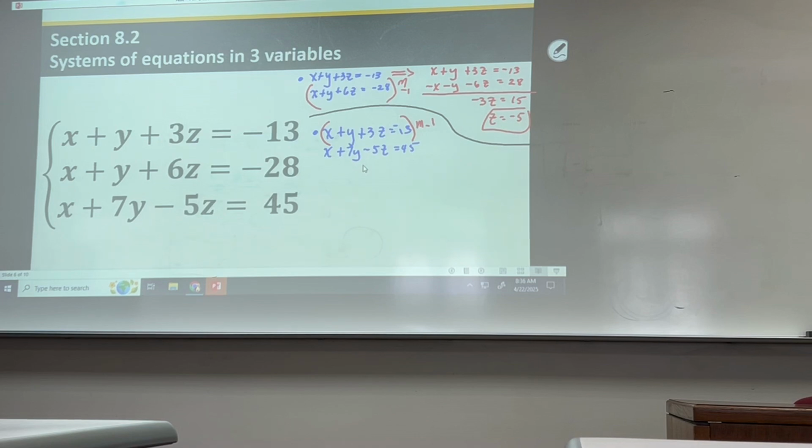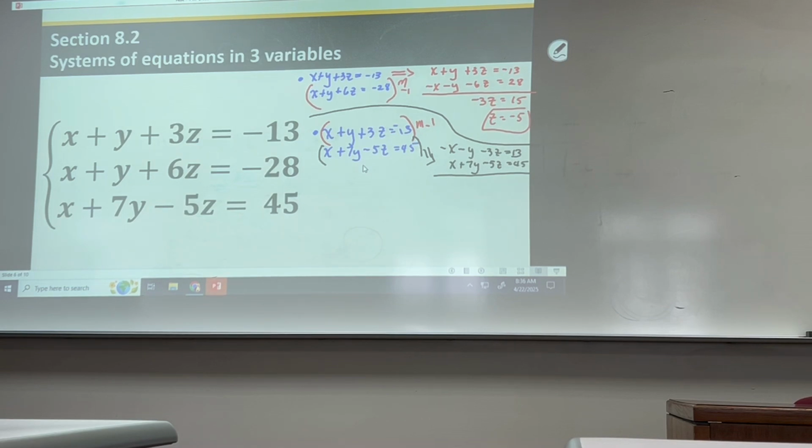So that's going to become what? Negative x minus y minus 3z equals 13. And then this one we're just going to bring across as it is, right? X plus 7y minus 5z equals 45. Is everyone doing okay so far?